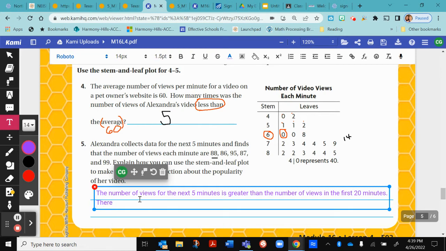So the video is getting more popular. Okay, so as it stays longer in time, it is getting more popular by the minute. Okay, let's go to the next one.